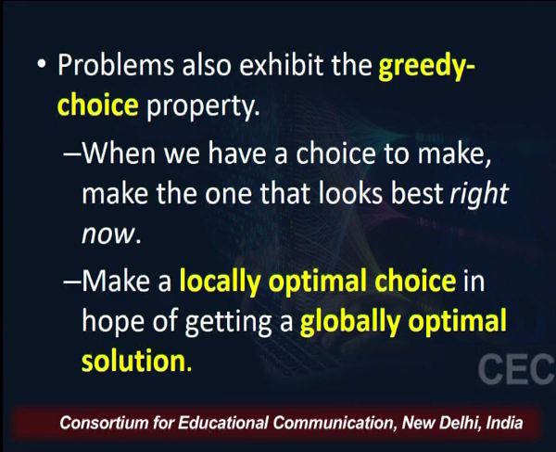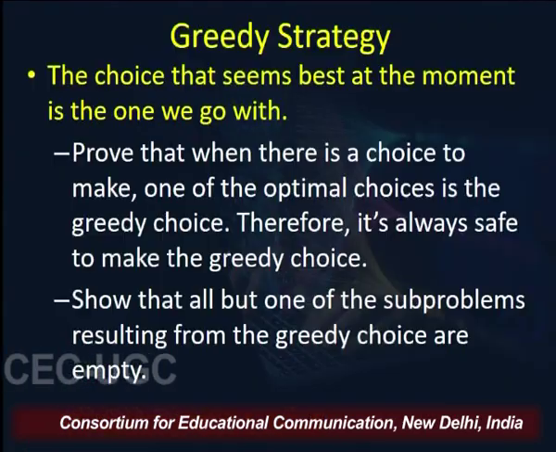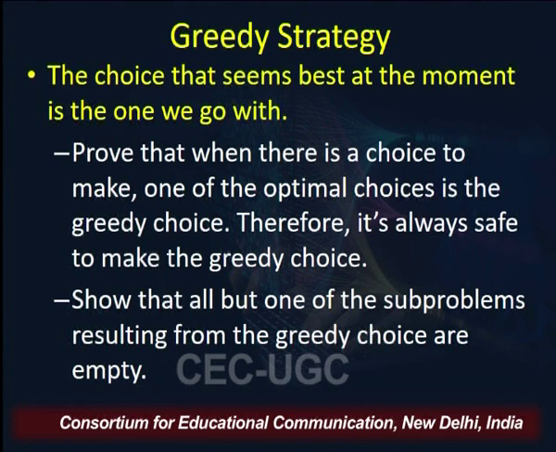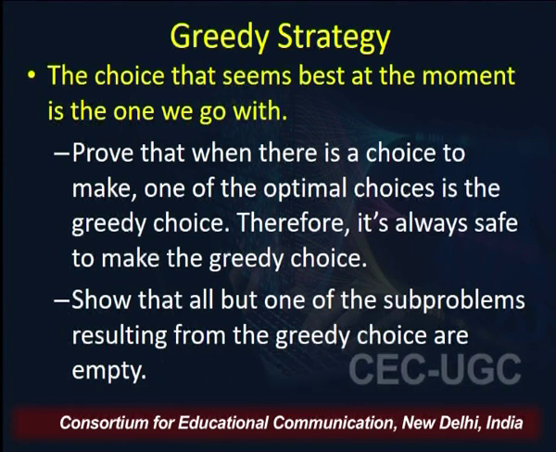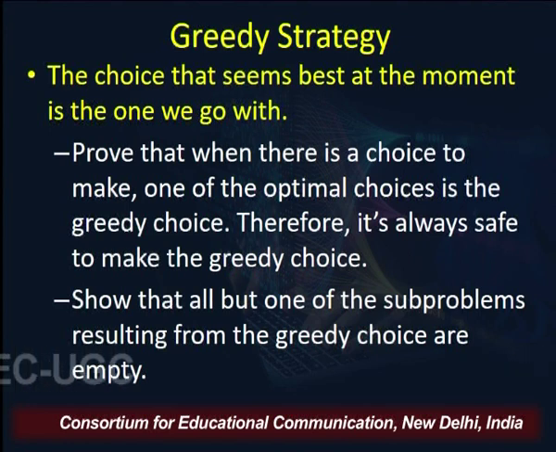This is the whole bottom line, or the whole agenda, of the greedy property. Greedy strategy says, as I have told you, go with the available best. We also need to prove that whenever there is a choice to make, one of the optimal choices is the greedy choice. Therefore, it is always safe to make the greedy choice.